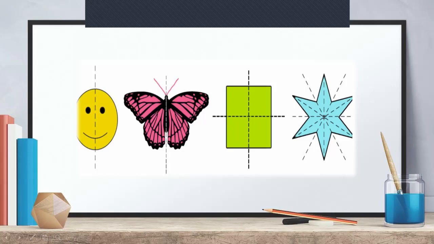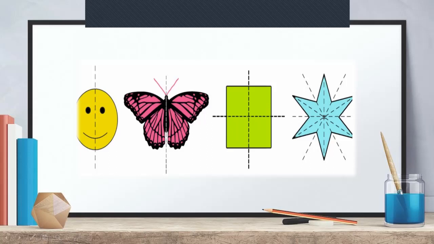Now looking at these stars, in here you can see lines that can be cut and it will turn into symmetrical. We have this one, then this one 2, then 3, 4, 5, 6.